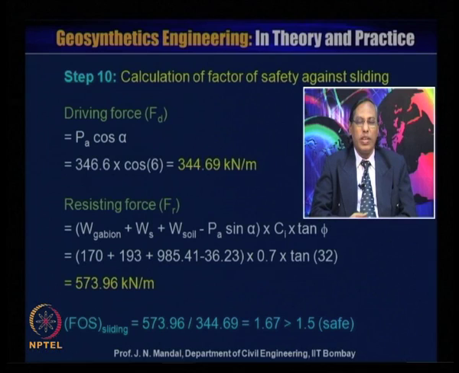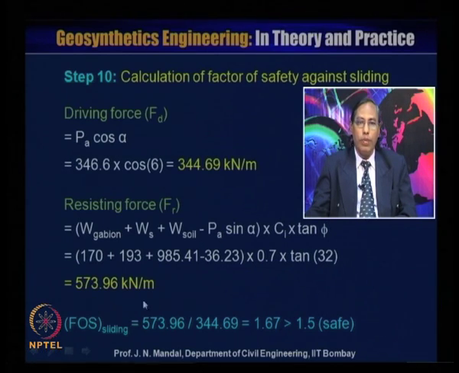Now resisting force Fr is equal to W of gabion plus Ws plus W soil minus Pa sin alpha into Ci tan alpha. So W gabion is 170, Ws is 193, W soil 985.41 minus Pa is 36.23 into sin alpha is 0.7, Ci is 0.7 and then the tan of alpha is tan of 32.